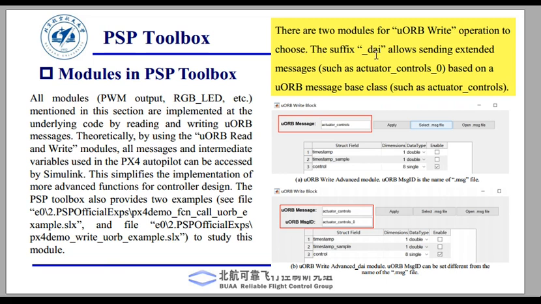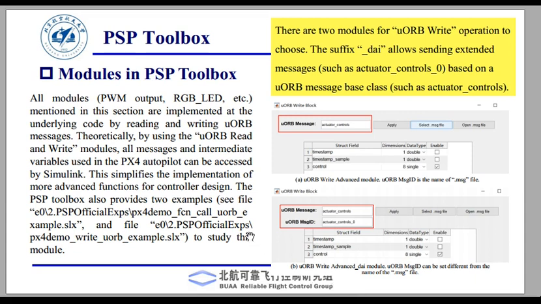The suffix DAI allows sending extended messages such as actuator controls 0, based on URB message-based classes such as actuator controls. So it provides an extension of the module. URB write advanced module, as you can see, the message ID is the name of the message file.